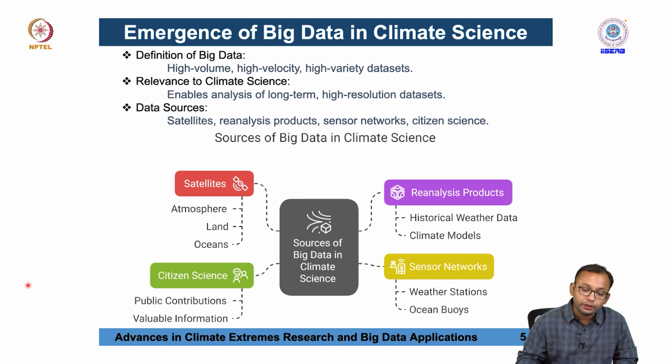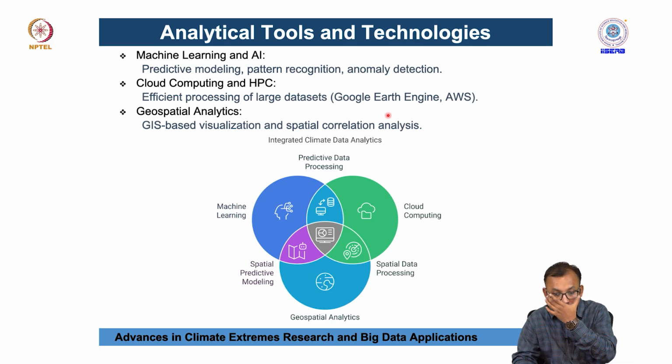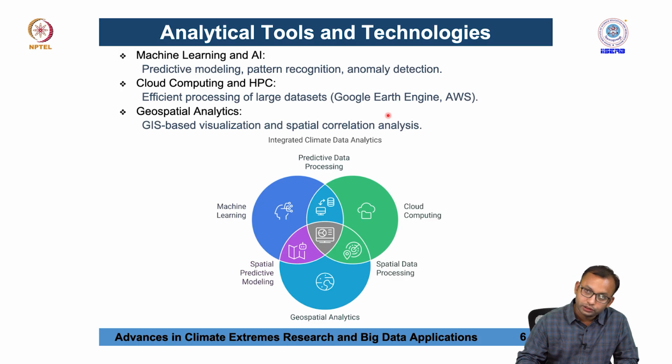If you integrate it together, it can form big data in climate science where you have high volume, high velocity and high variety data sets. So, what are the analytical tools and techniques which we can use and which are advancing, that can give us more insight about climate extreme analysis?